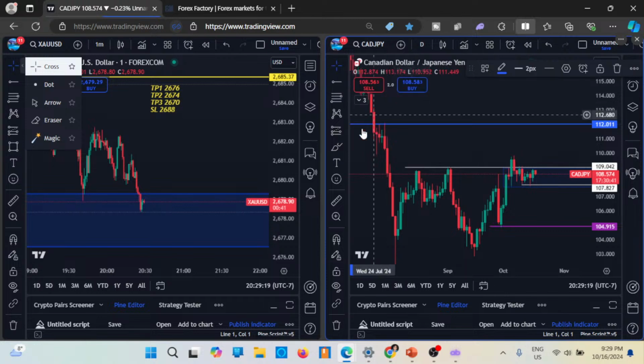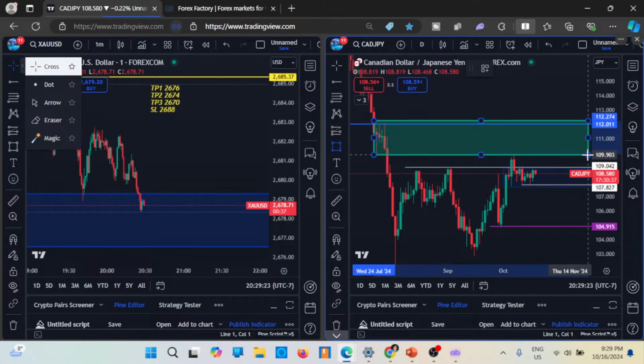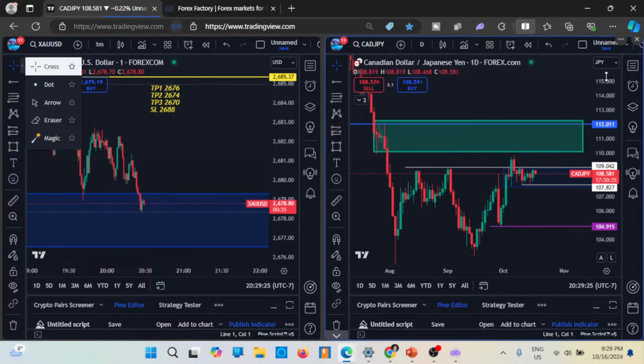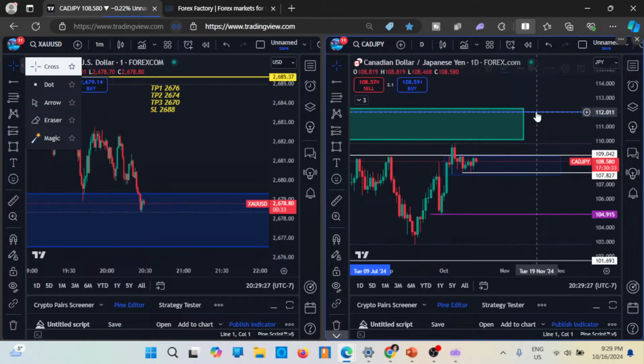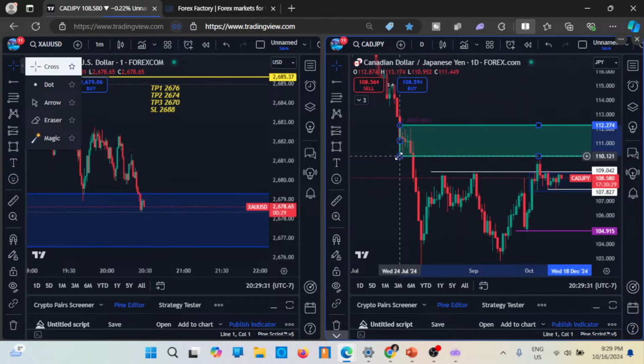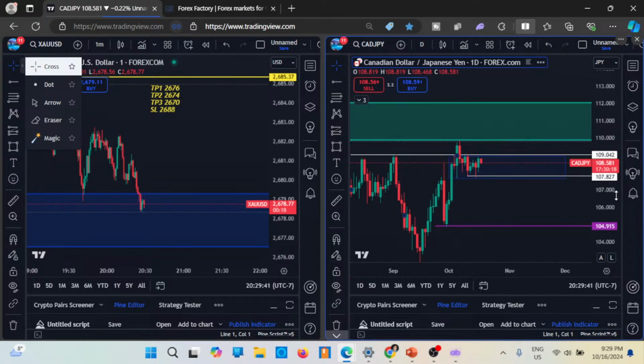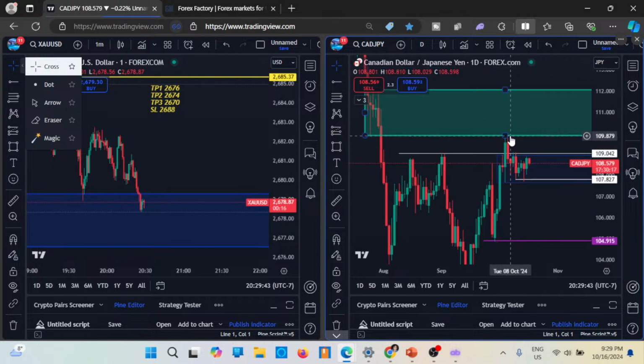So let me mark it down with this rectangle box. I would mark this entire zone here as the resistance level, because it's both the previous lower high and the low of that high. So this is a good area for me to look for sells.